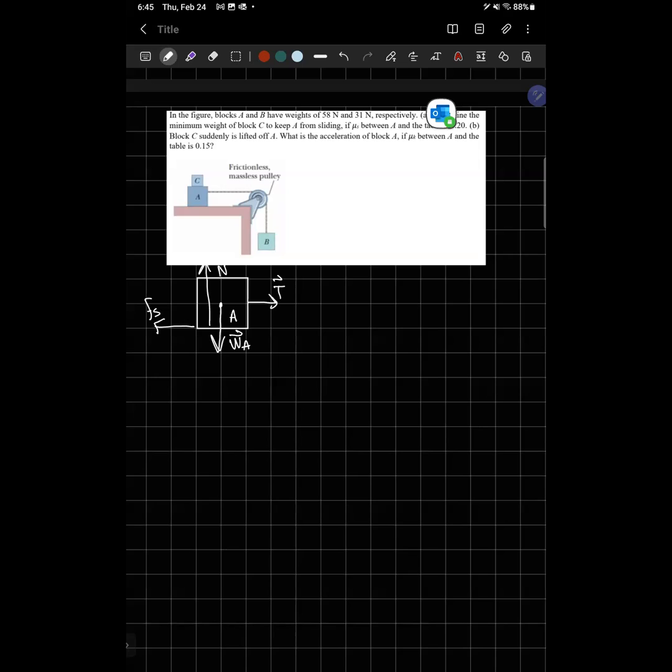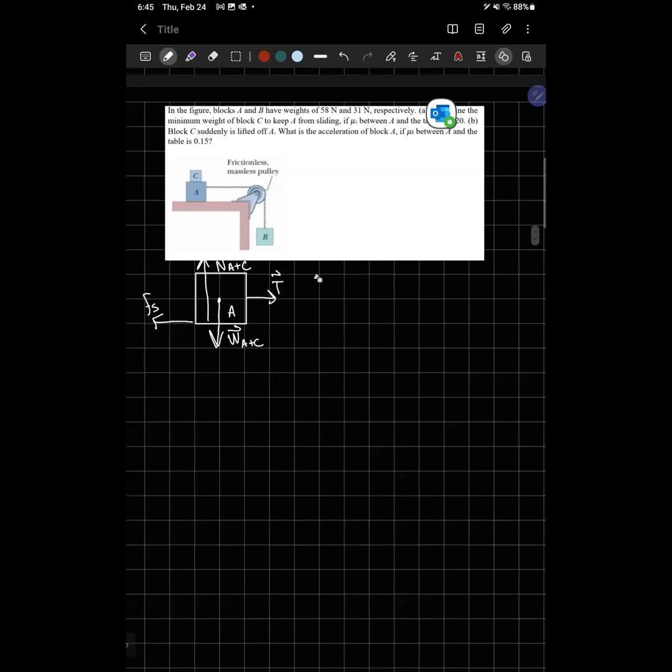So you did mention weight of C, so I'm going to make this bottom weight the weight of A and C. And then the normal force is going to be the normal force of A and C. Let's go ahead and do block C.